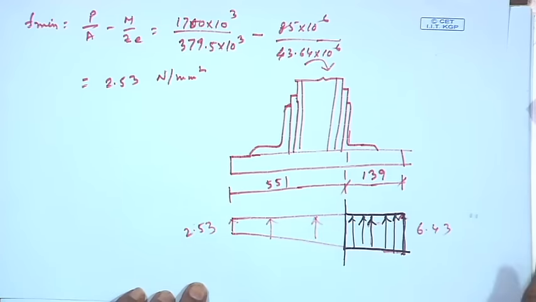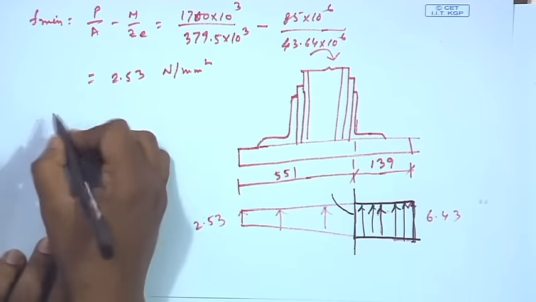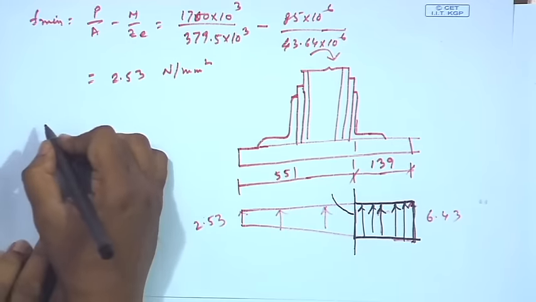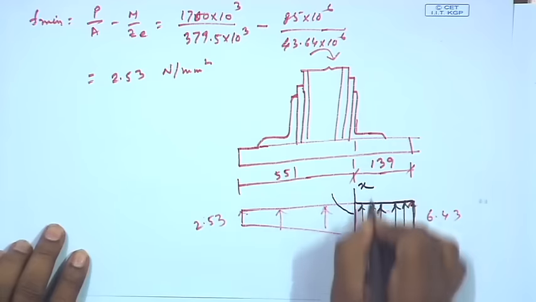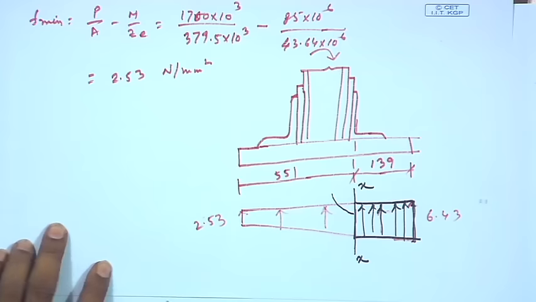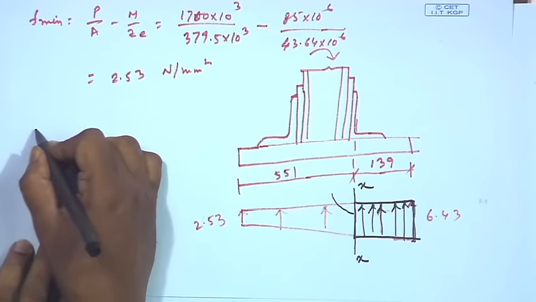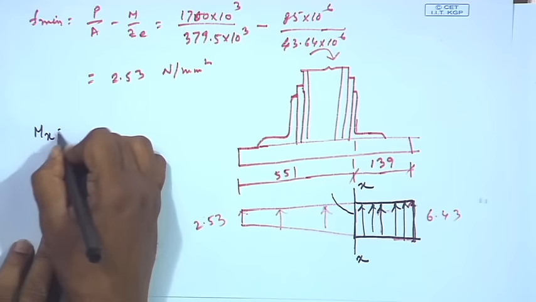Okay. So, the moment at this critical section we can find out. To know the moment at the critical section, we have to know the pressure here. So, by linear interpolation we can find out the pressure at this section. Say this is section x x, and the moment at this critical section I can find out, say M x.